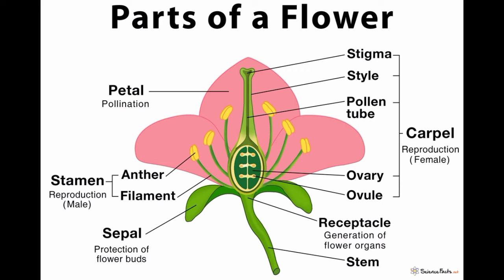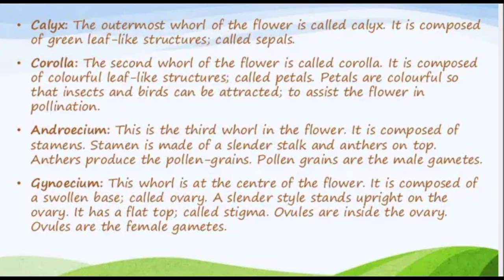All flower parts are attached to the thalamus. A typical flower basically consists of four main whorls: calyx, also known as sepals; corolla, also known as petals; androecium, the male reproductive part; and gynoecium, the female reproductive part.